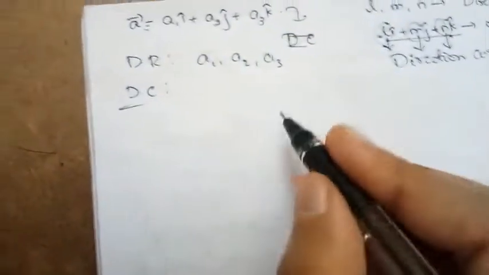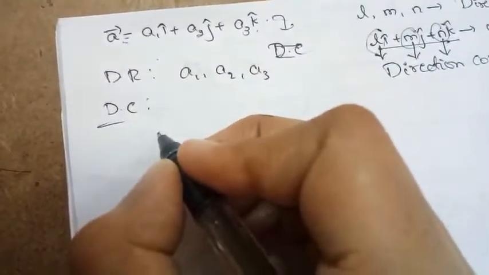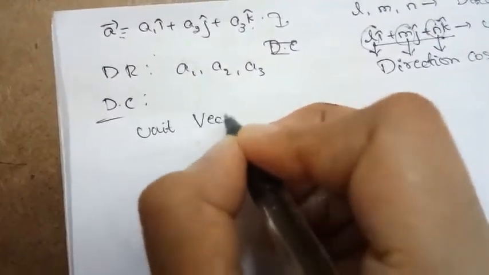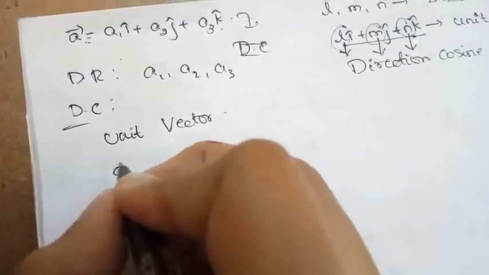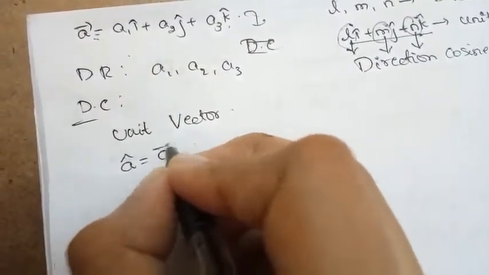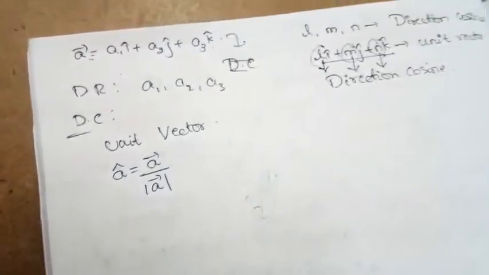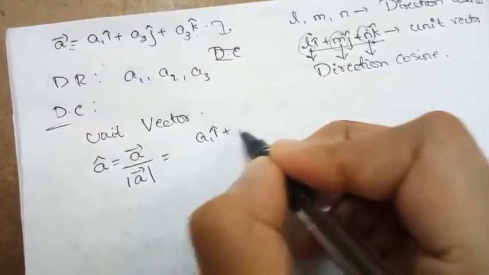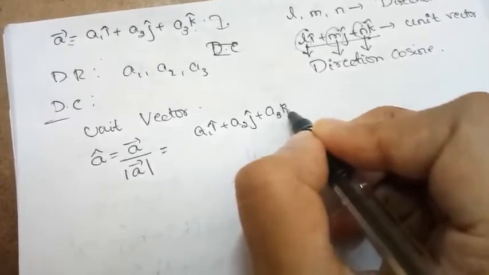Observe clearly. First, for the given vector A, let us find the unit vector. How are we going to find the unit vector? A cap is equal to vector A divided by the magnitude of vector A. Our vector A is a1 i cap plus a2 j cap plus a3 k cap.